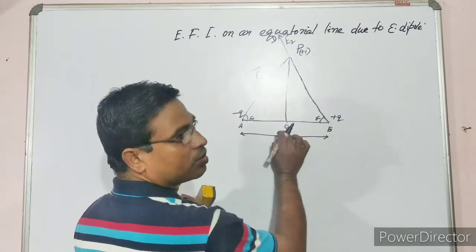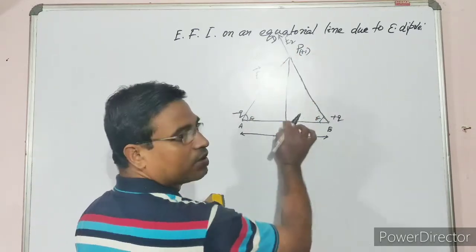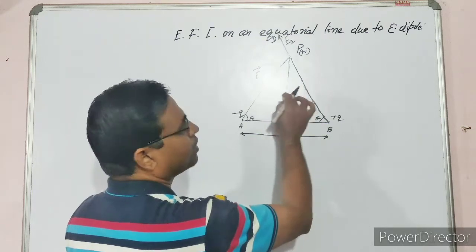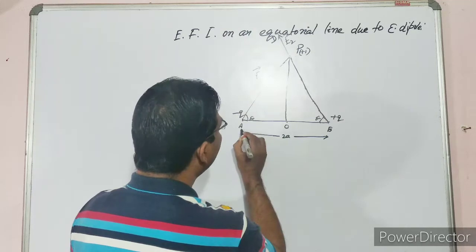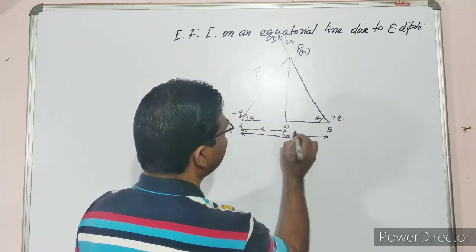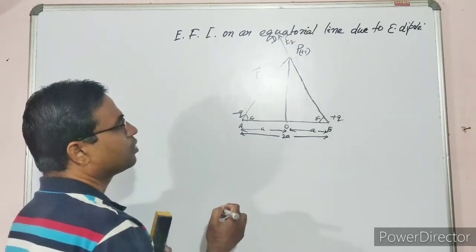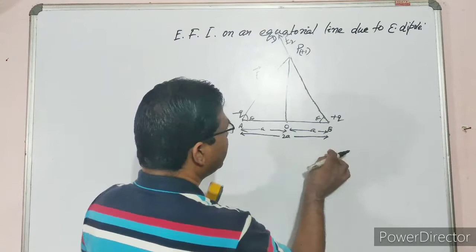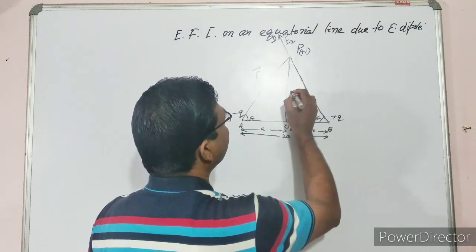PBO is also theta. Since it is a perpendicular bisector, it makes two triangles. As it is a midpoint, this one is A, and up to this one, this is also A. So how much is OP? Suppose OP is R.